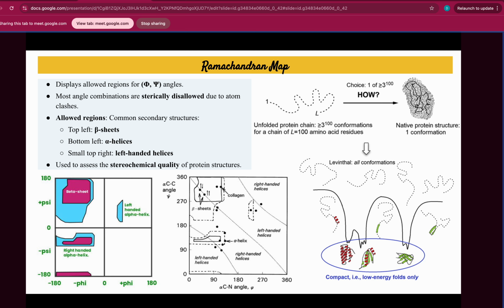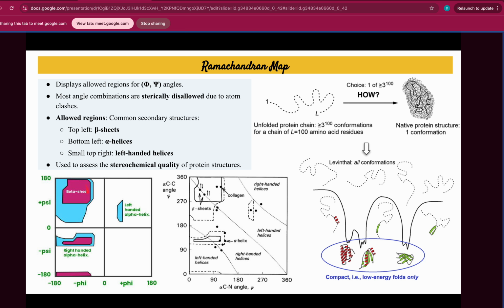If there are two bigger amino acids lying next to each other, they will be sterically unfavorable and will repel each other, so they are not sterically allowed. In that way, psi and phi angles determine whether the residues lying next to each other can take a particular secondary structure, whether this fold or this angle is favorable or not. So allowed regions are, for example, in this case, the top left.